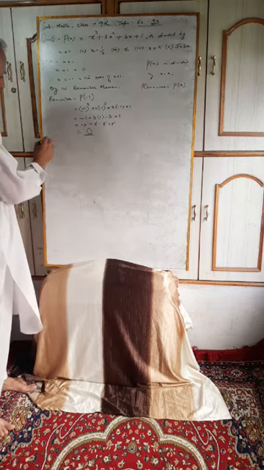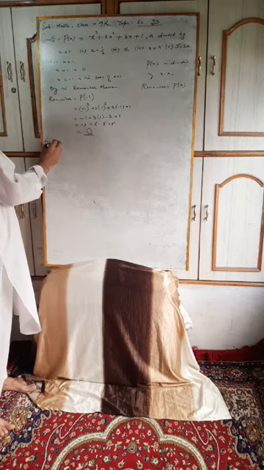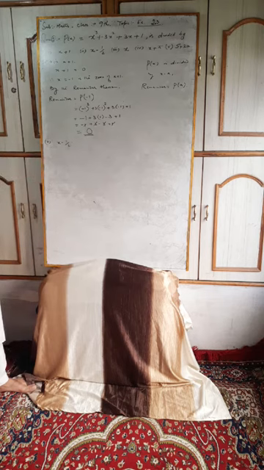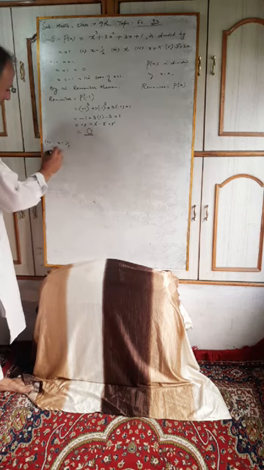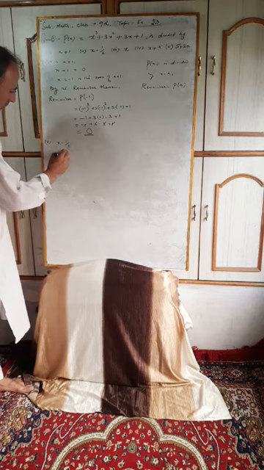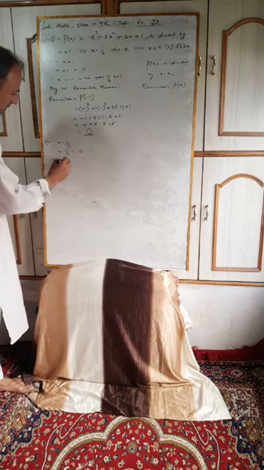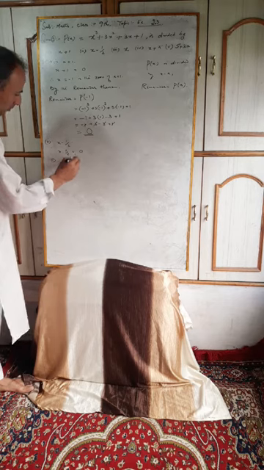Now the second part is x − 1/2. What we do here, firstly we will equate this polynomial to 0 so that we can find its zero or root. Now x − 1/2 = 0, implying x = 1/2.